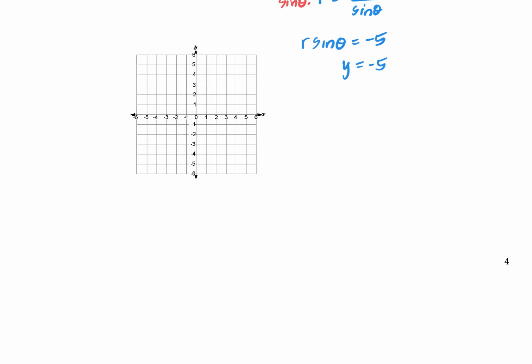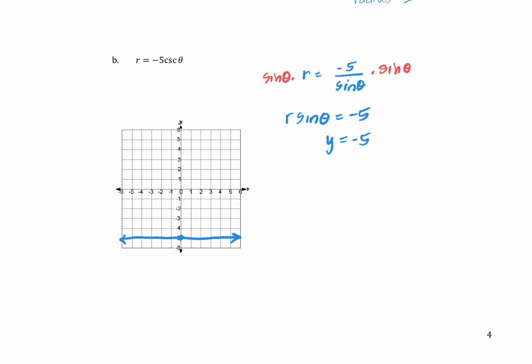We just go down to -5, plot our point, and draw our line. So lines in xy are really nice. Look at that equation. It's just y equal to -5. But the equation in polar are a little bit more complicated. And that's it for this section.